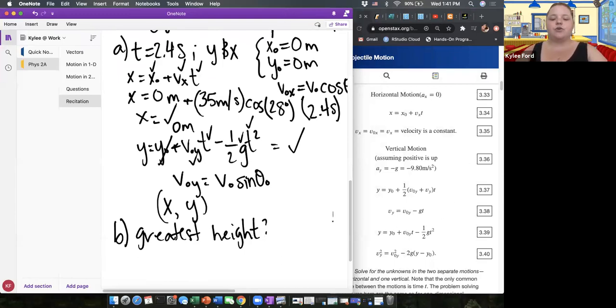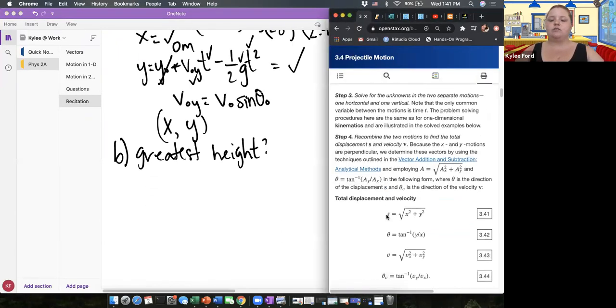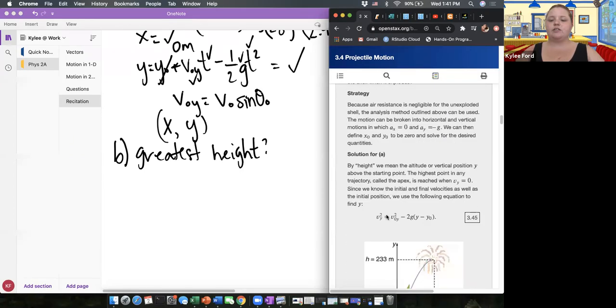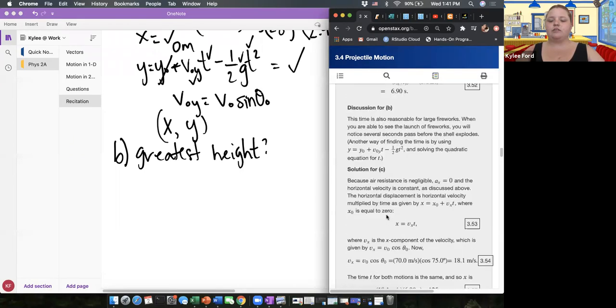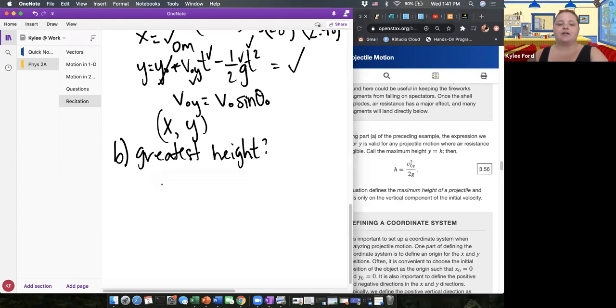But I also noticed that in your textbook, if you scroll down to about somewhere right here, it actually tells you how to calculate your maximum height just from one little formula. So we can also use this instead of having to use more algebra. I can just say, here's the height, done. So that's what I'm going to do for you guys right now.